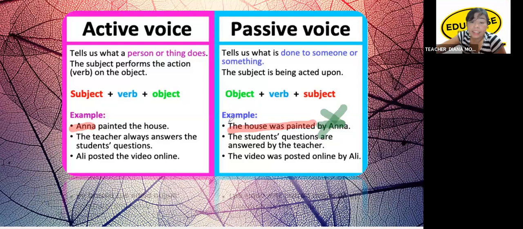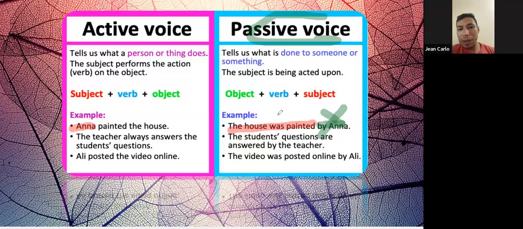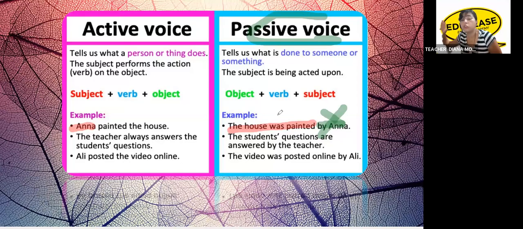Because what I need to know in this form, that is called passive voice, is that the house was painted, not who painted. The important thing is, let's imagine that you are renting a house. You are telling that person, can you paint the house before I live here?